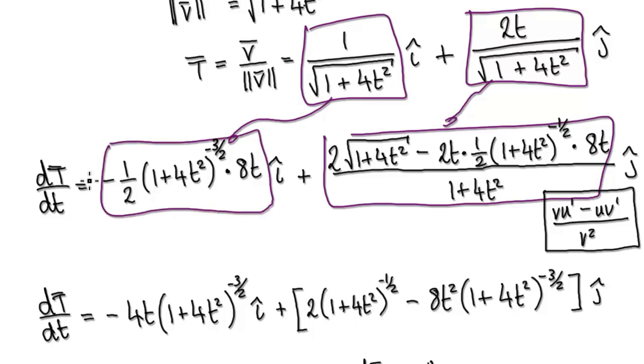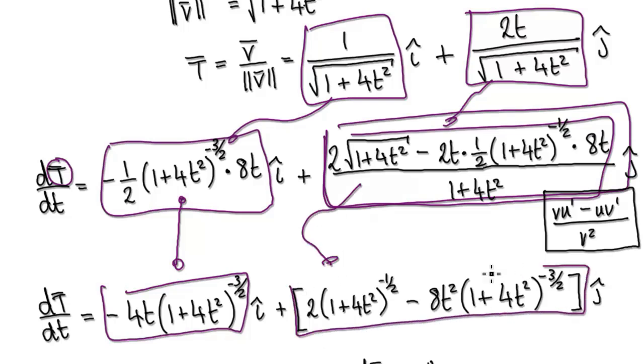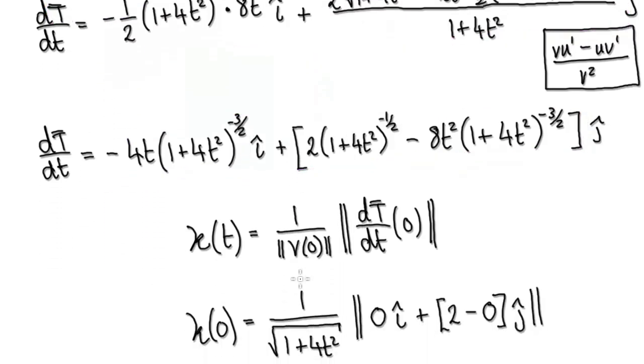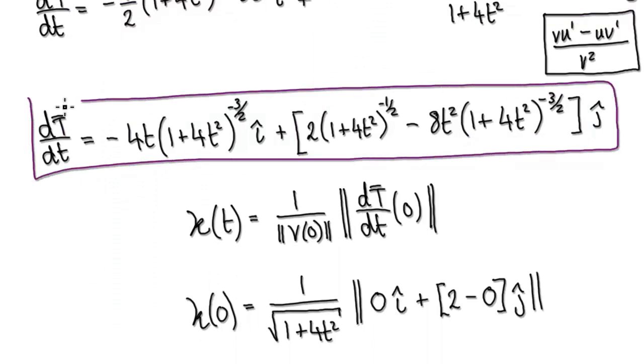So in effect, what we've done is we've differentiated our unit tangent. That will then give us this whole thing here. Well, tidy this up. That will then give you this. And then tidy this whole thing up here. If you think about it, it will actually give you this thing here. Okay, so now we are currently here. So now the curvature is given by this thing multiplying with this thing.